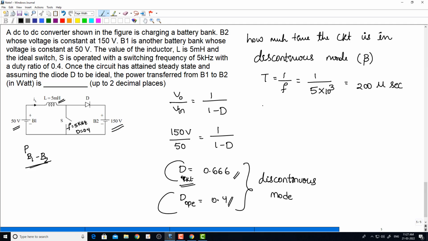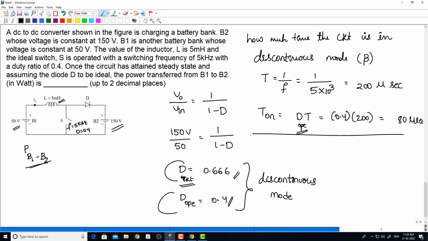The time period for which the switch is on is equal to duty ratio into T. The operated D is 0.4, so 0.4 into 200, that is 80 microseconds.